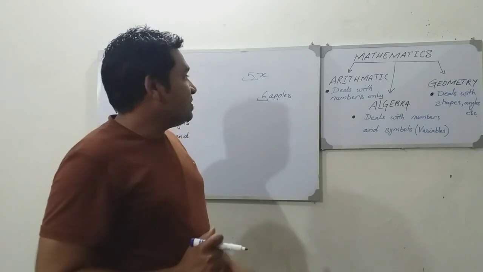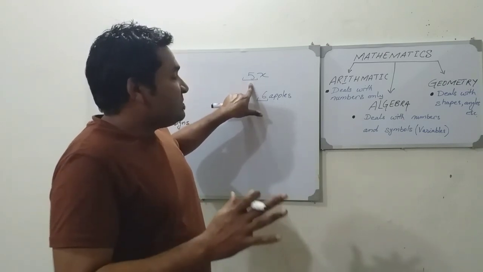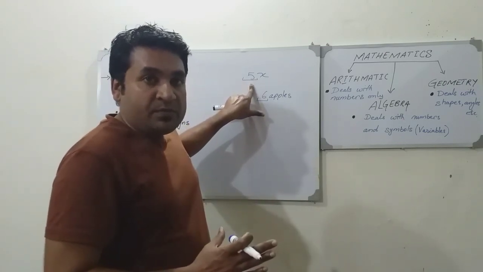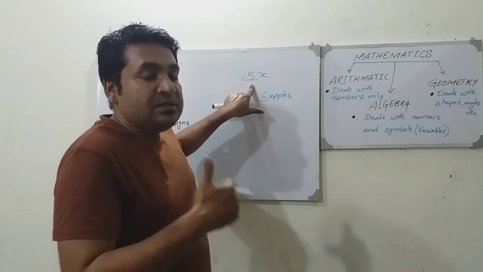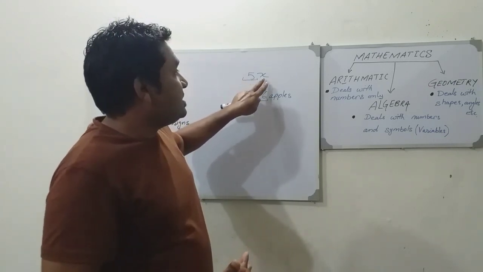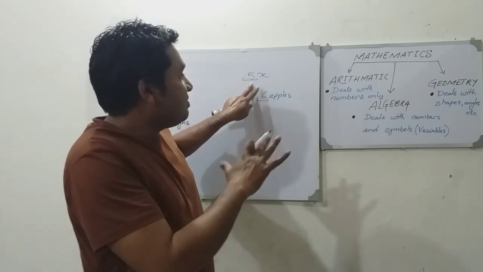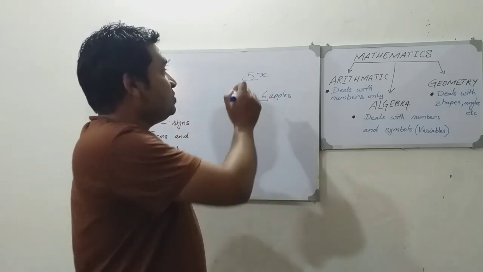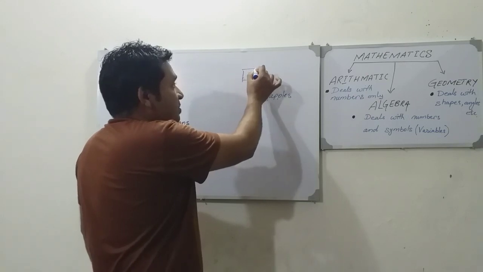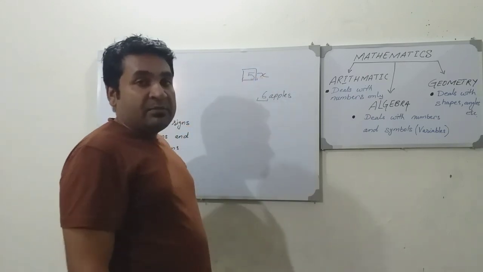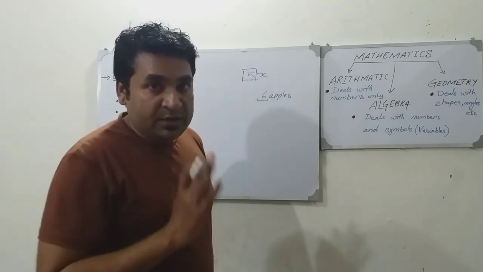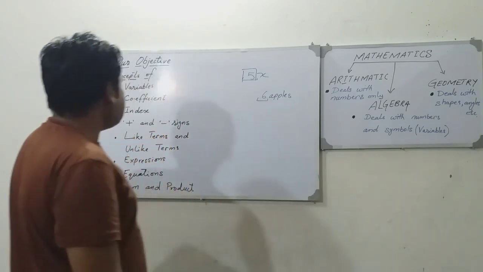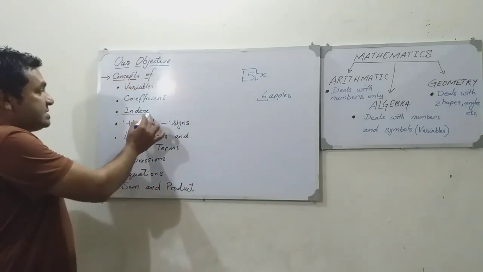So coefficient is basically a specific value which tells us the number of variables. Like given the example of apples, you must know that it is written always to the left of the variable, and it's a constant value.